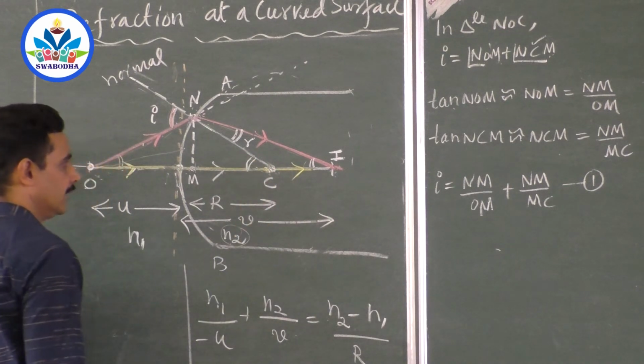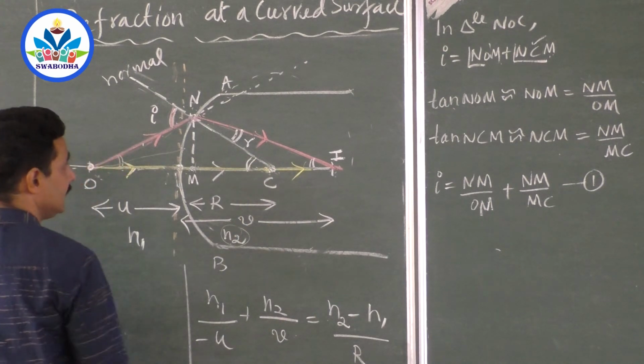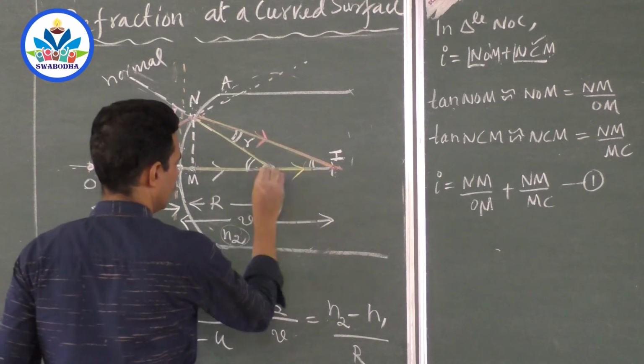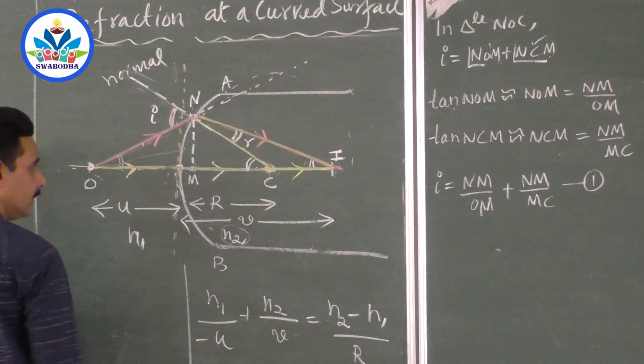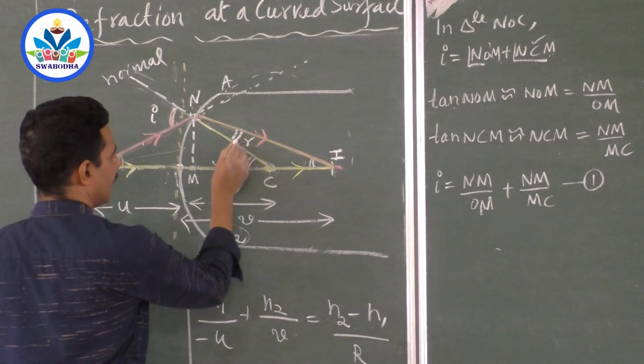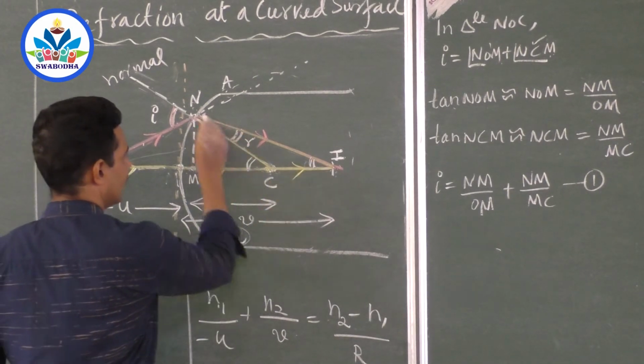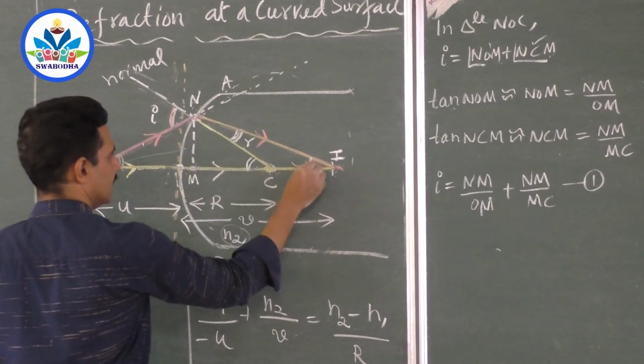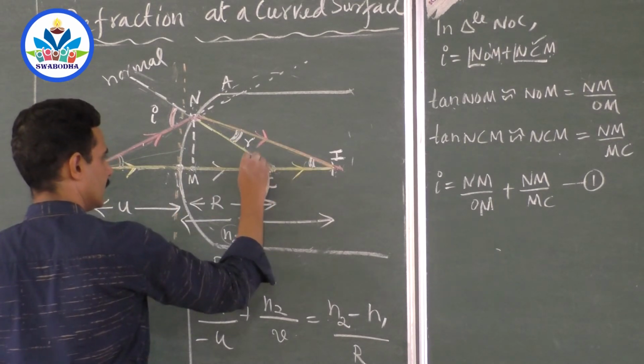In the triangle NCI, this angle R plus this angle NIC, or NIM, these interior opposite angles are equal to the exterior angle.